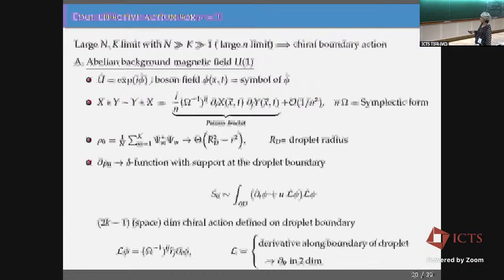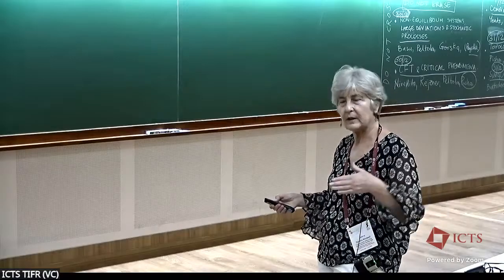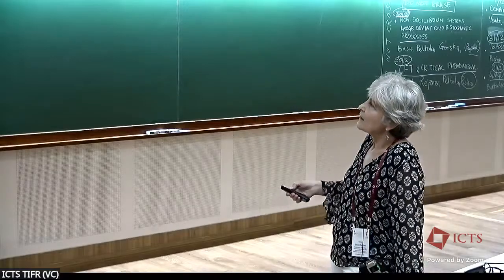What we find is that the original action becomes a chiral action that lives on the boundary, on the droplet boundary. Now, if I had started with a two-dimensional space, this would be the boundary of the droplet, of my disk, essentially, and this would be the tangential derivative to the circle. Now, this is a higher dimensional droplet.